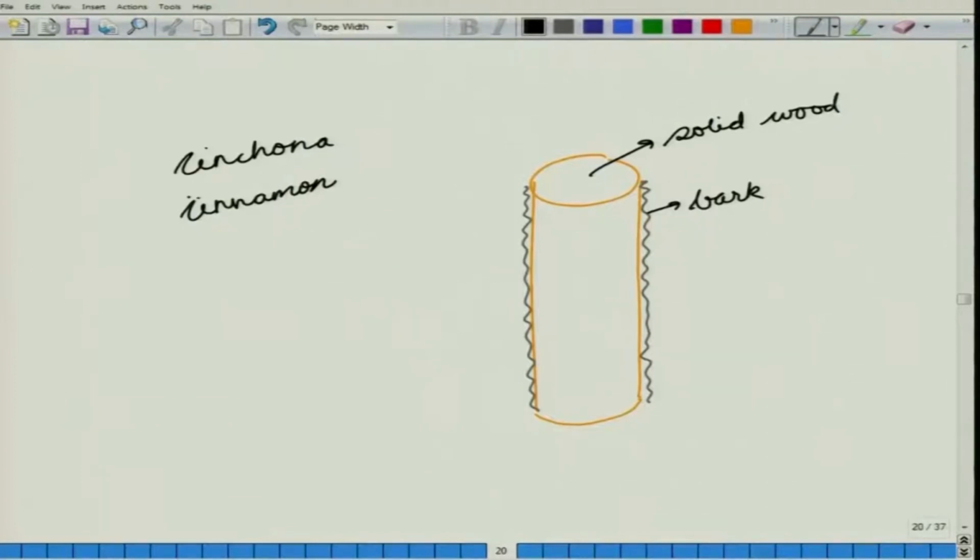So, cinnamon, also known as dalchini, is the bark of a tree. Similarly, the bark of the cinchona tree gives us quinine. So, in these cases bark has its own economic utility and it is not just a byproduct of the timber production.